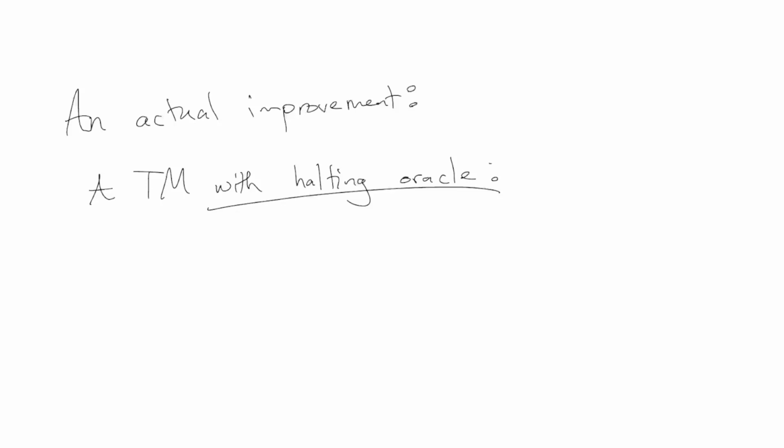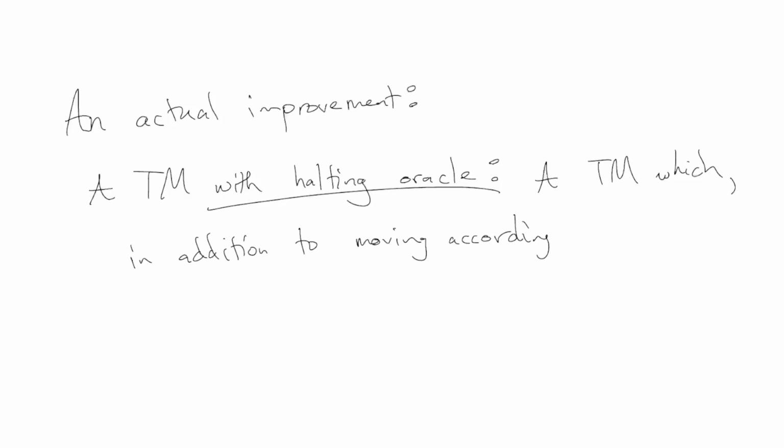So a Turing machine with halting oracle is an ordinary Turing machine, with the ordinary diagram and tape, which in addition to moving according to the diagram, can also solve the halting problem.